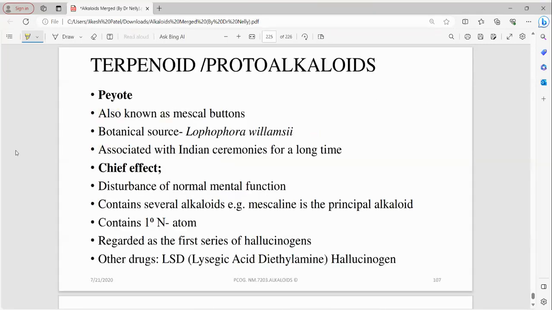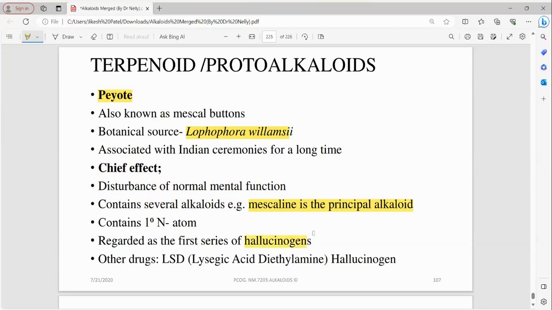Next we go to peyote, whose botanical source is Lophophora williamsii. Here I just want to mention that mescaline is the principal alkaloid. Mescaline has an effect on the CNS as a hallucinogen.